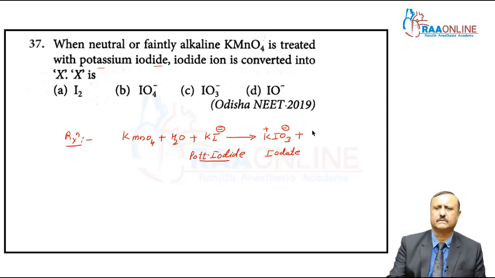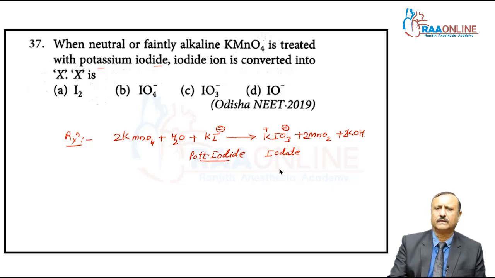Plus, my dear students, KMnO4 is converted to MnO2, plus you get KOH. Here 2 potassium are present, that is why you can balance this reaction, and it is balanced by twice KMnO4.